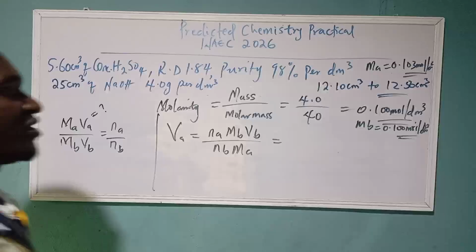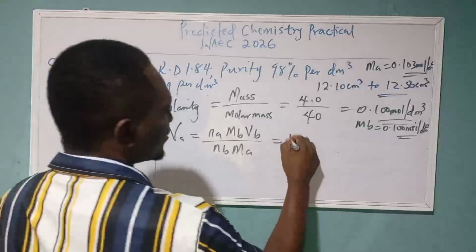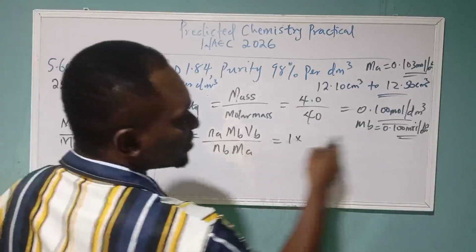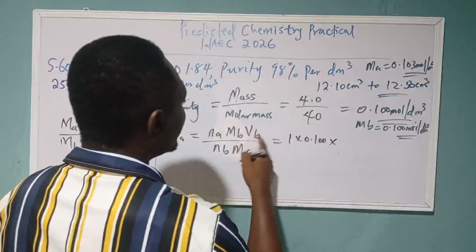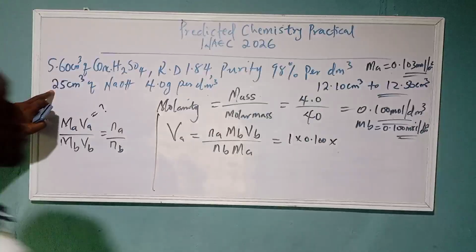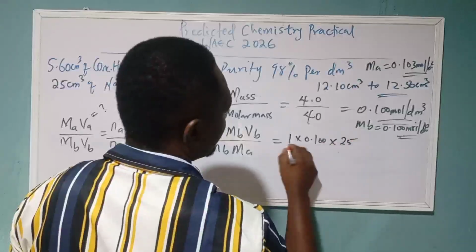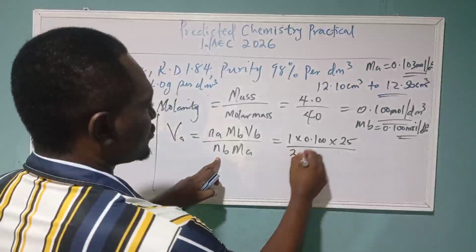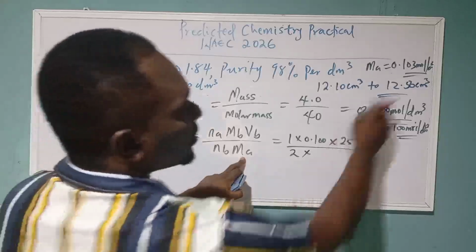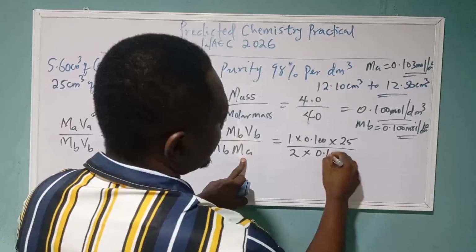Let's substitute values. NA we know is 1. MB is this value, 0.100. VB is 25. So we have 25 all over NB, which is 2, times MA, this value, 0.103.